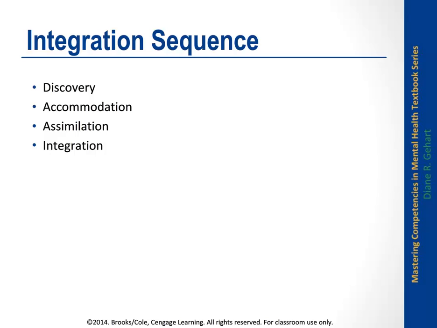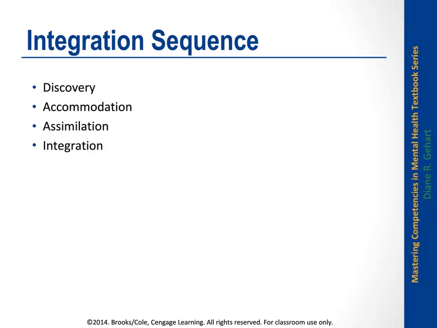Another way that the Gestalt process has been described by more contemporary Gestalt therapists is the integration sequence. First there is the process of discovering disowned parts of yourself or coming to new realizations, learning to see things in a different way. The next phase is accommodation. This is where the client begins to accommodate this new perception and to behave a little bit based on it.